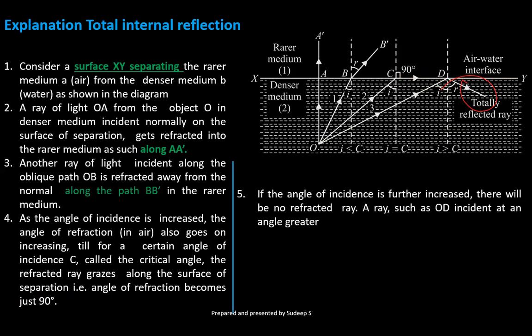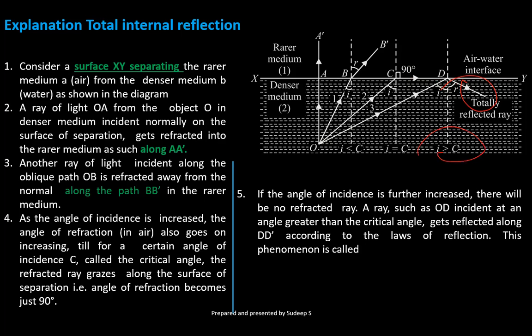A ray such as OD, incident at an angle greater than the critical angle, gets reflected along D and D dash. According to the law of reflection, this phenomenon is called total internal reflection. In this case, according to the law of reflection, i will be equal to r. Angle of incidence will be equal to angle of reflection.